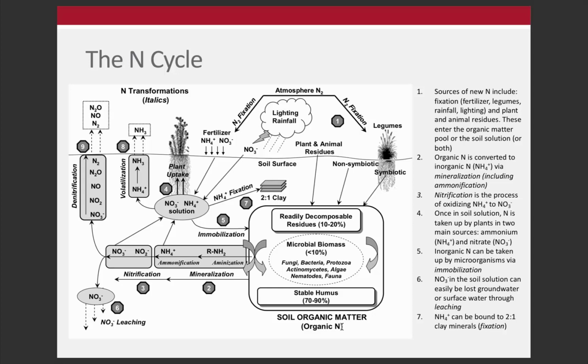So here in this diagram, soil organic matter just has this generic box drawn around it. So it's essentially everything organic. It includes plant residue, manure. It includes microbial biomass. That could be all of the critters in the soil: fungi, bacteria, protozoa, actinomycetes, algae, nematodes, micro and mesofauna, etc. And what might be thought of as stable humus.